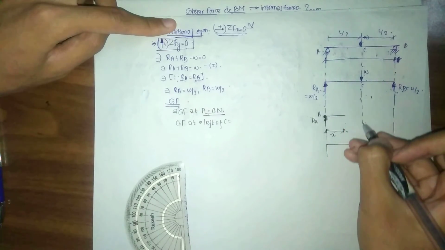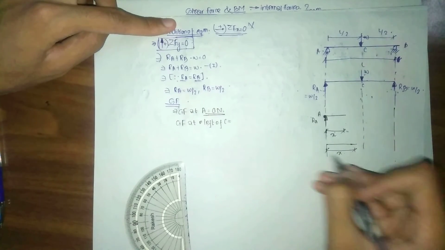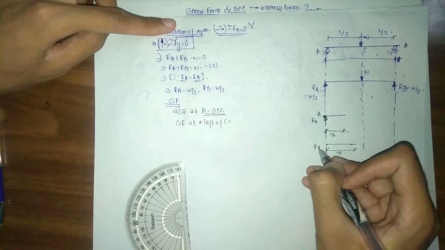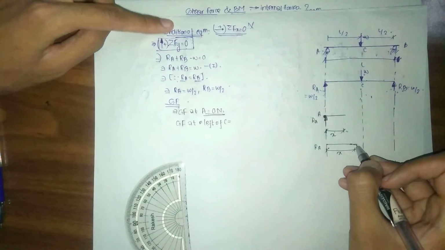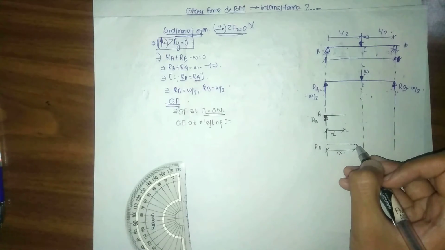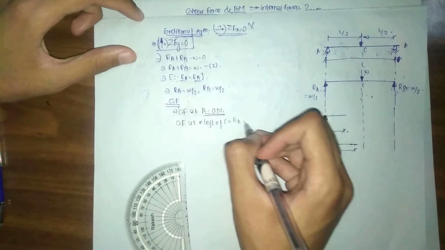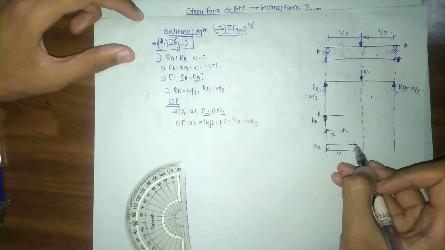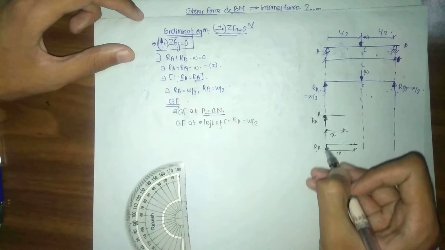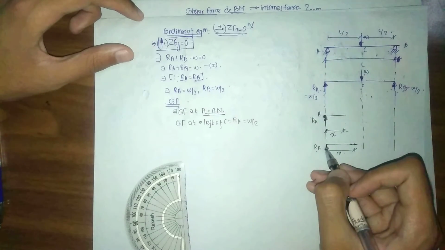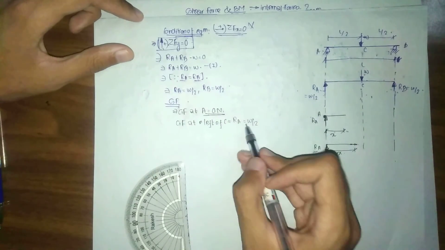Here is point C. I haven't yet reached point C, but I have increased the parameter x and reached a certain portion at the left of C. So shear force at left of C becomes RA, which has a value of W by 2. There is a vertical force RA acting upward. Since it is acting upward, we take it as positive following our sign convention. So we have a shear force of W by 2.